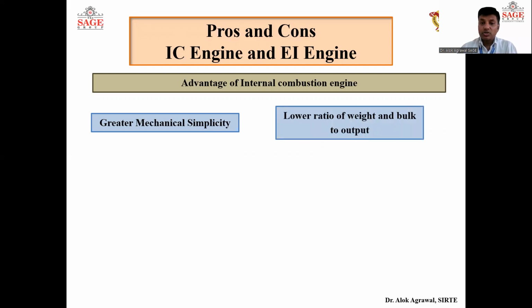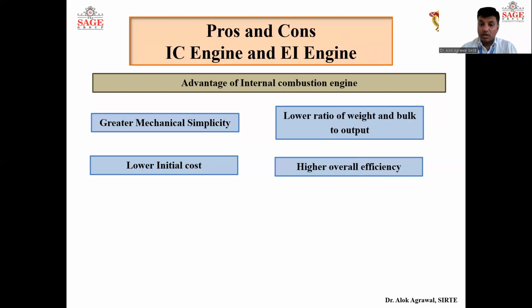Here the ratio of weight to output is low in internal combustion engine because this is a small engine. External combustion engine is very big because it consists of boiler, condenser, and a lot of other things. Again, its initial cost is low because the number of components is low and they are small. The overall efficiency is very high in internal combustion engine.